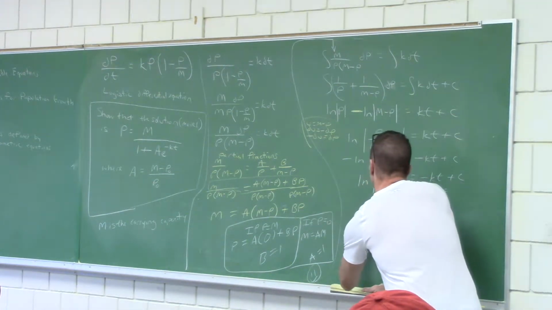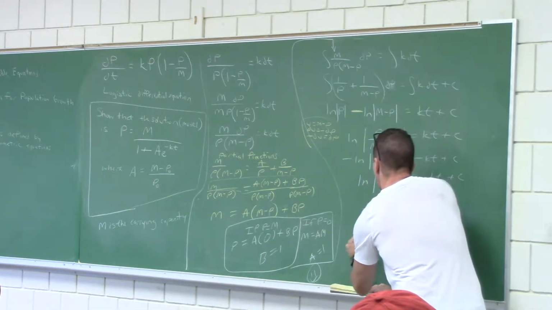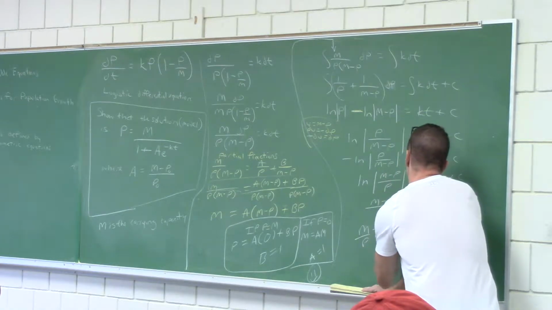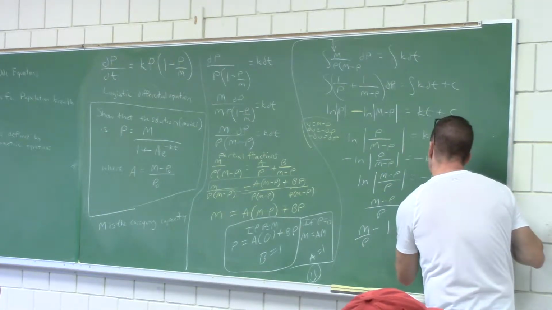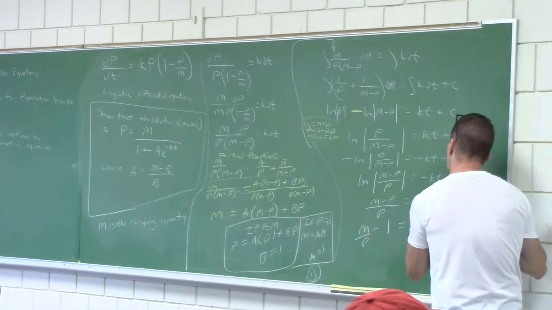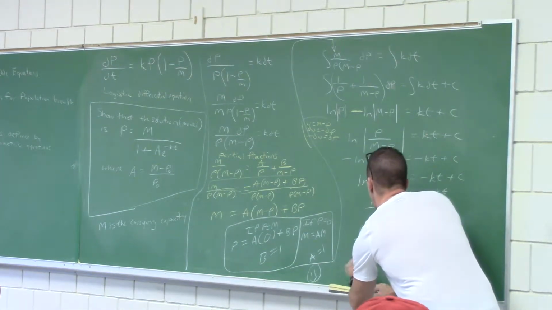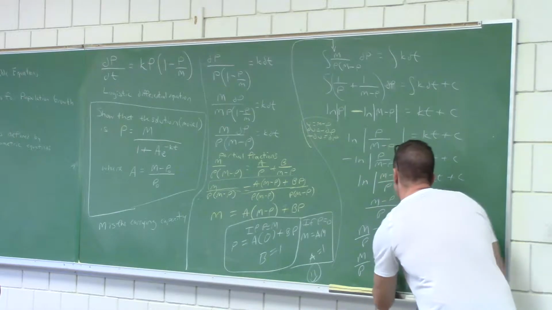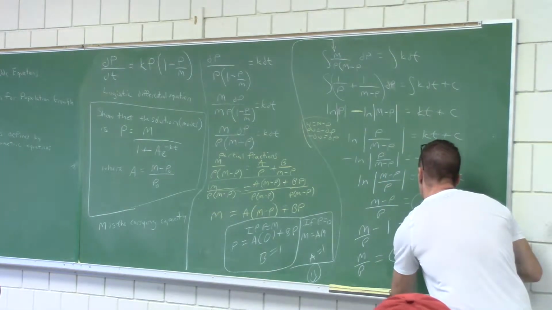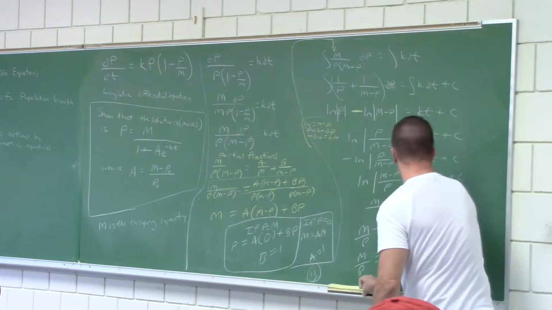So I get m over p minus 1 equals c e to the negative kt. Almost done. Add a 1 to the side. M over p equals c e to the negative kt plus 1.